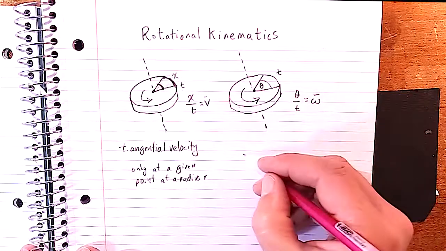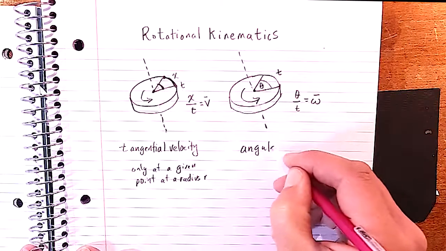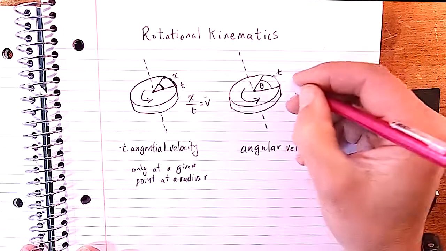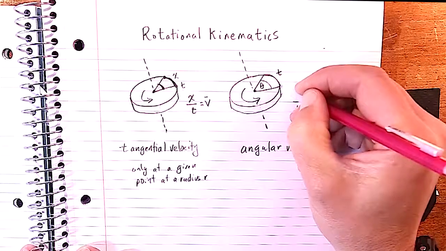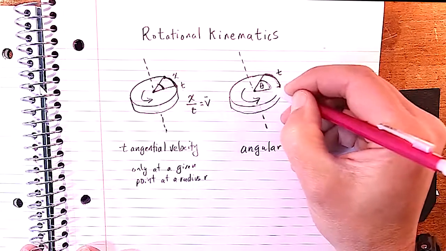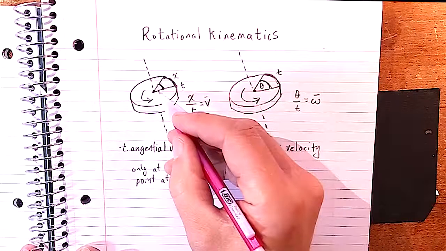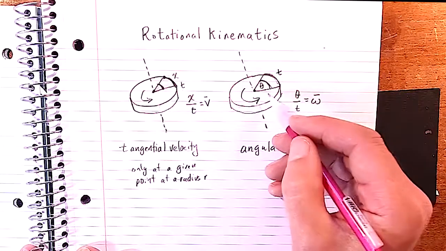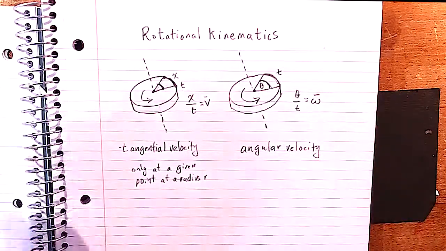But when we're dealing with angular velocity, that's going to be different, because the angular velocity of a point out here, that's the same amount of radians that are carved out as a position in here. So here, the tangential velocity is dependent on radius, whereas angular velocity is not.